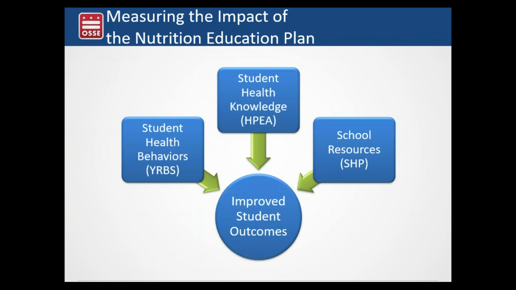So to monitor the progress around nutrition education and knowledge, we can use existing tools. We don't have to create many new tools. We can use the health and physical education assessment, which provides us with data on what students know around nutrition, the Youth Risk Behavior Survey, which takes place every other year and tells us the behaviors that students are taking part in, and then the school health profiles, one of them being the Healthy Schools Act school health profiles, which tells us what the resources are that are being provided to the students in the schools.